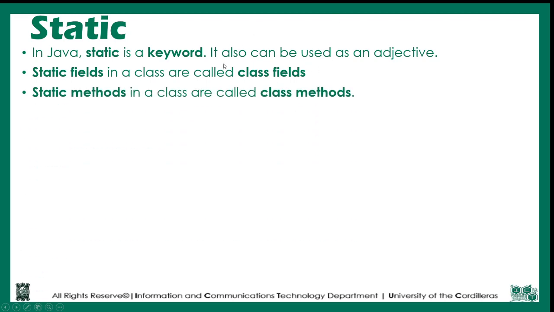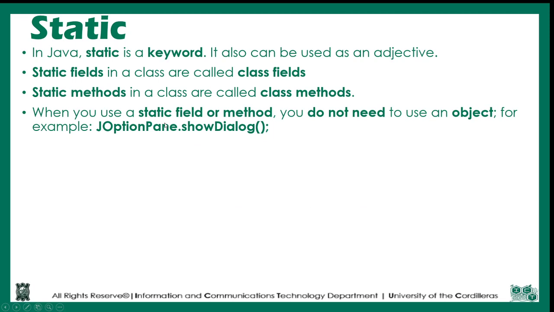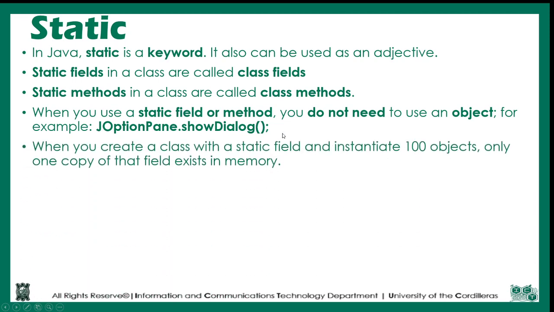When there is a static keyword in a particular method, those are what we call class methods. When you use a static field or a method, you do not need to use an object. For example, JOptionPane.showMessageDialog.